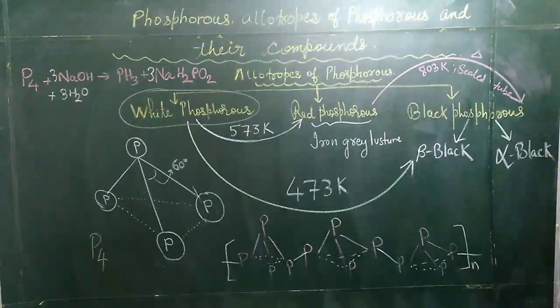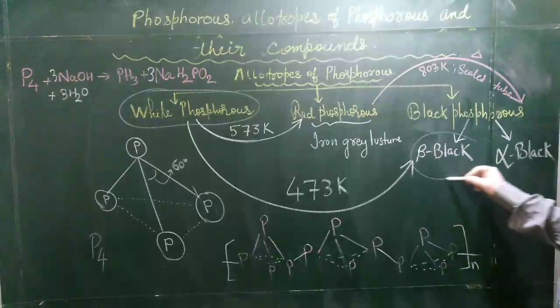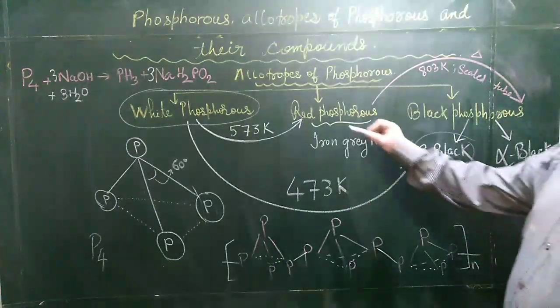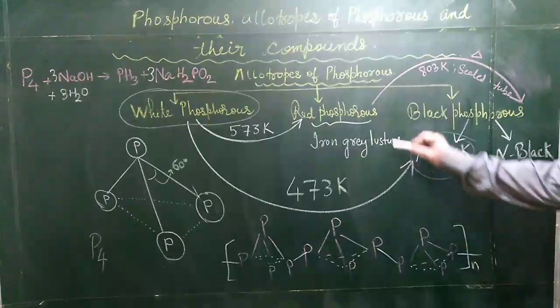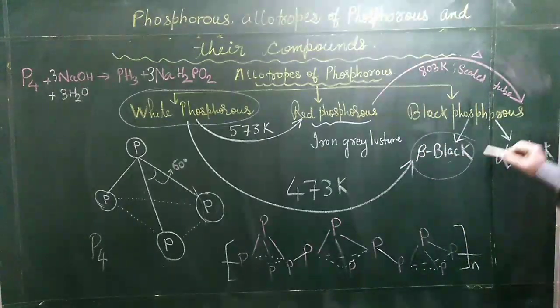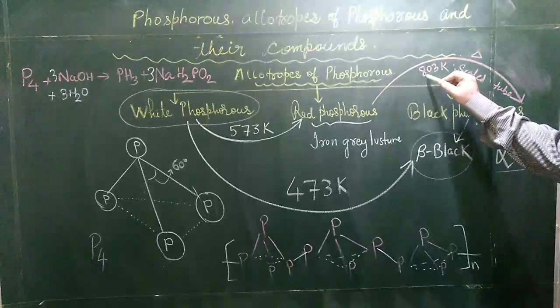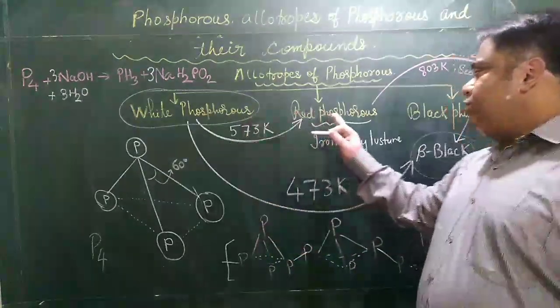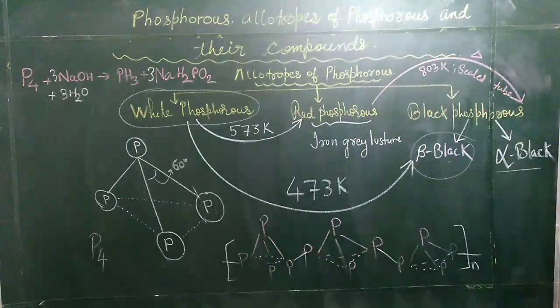First it forms black phosphorus at 473 Kelvin. After that red phosphorus is formed, and after that alpha black phosphorus is formed at 803 Kelvin in a sealed tube. It is not that white, red and black phosphorus all occur naturally.